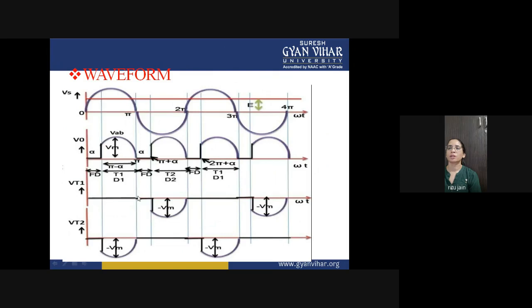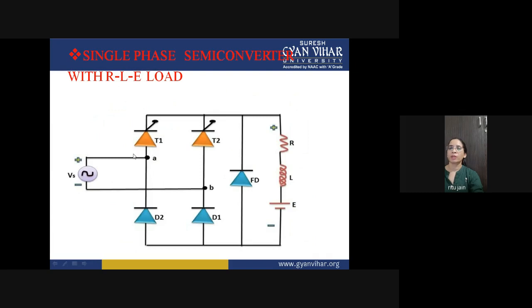But you can see that the SCR T1 is conducting only from alpha to pi, and from pi to pi plus alpha, the freewheeling diode will conduct. Why is it happening? When you apply the positive half cycle, T1 and D1 are conducting, and the current path will be from T1 to the load and D1 and so on.